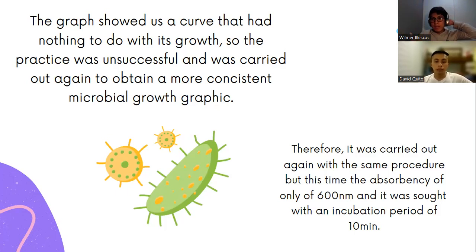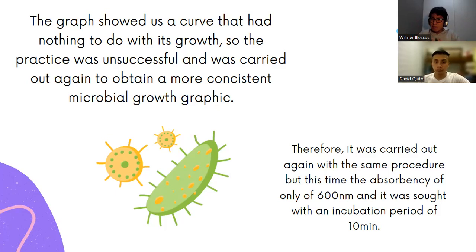The second reason could be, and I hope to be mistaken, that the technician assistant did something wrong in the experiment. Maybe this person put more of the solution. It could have been that, but actually we have been thinking about it.